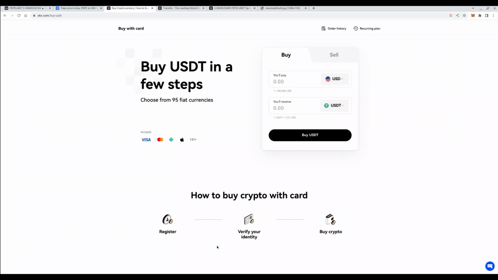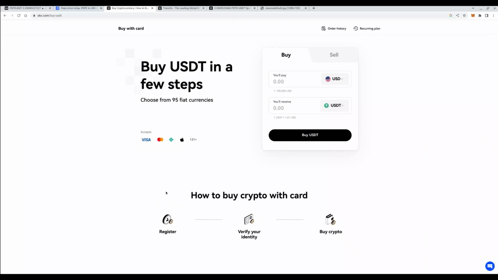Basically what you do is you send a selfie of yourself and your driver's license, passport, or any kind of identification card. That will be processed by their team and you will get access to buy crypto when you have been accepted.